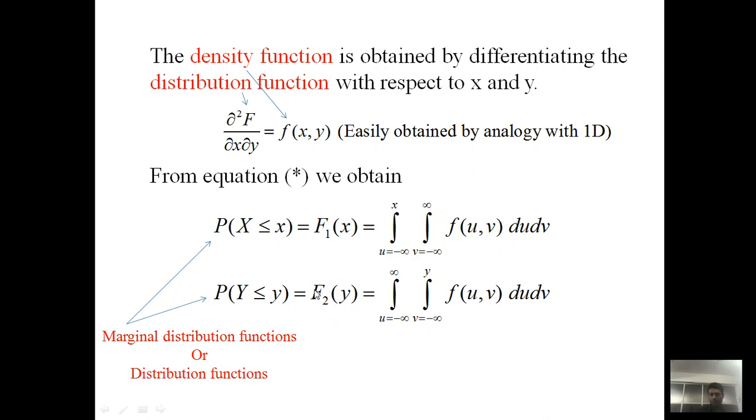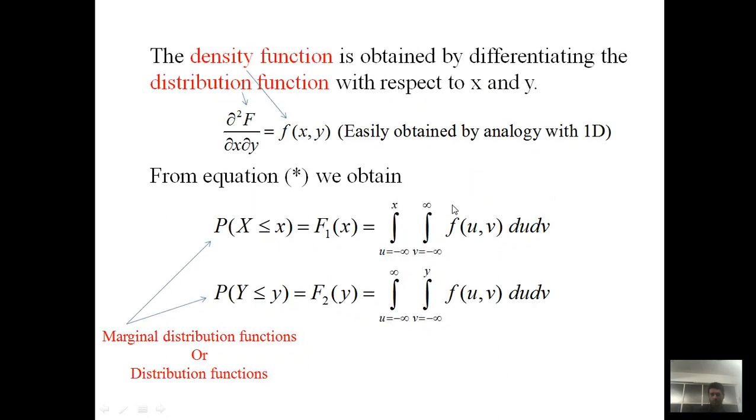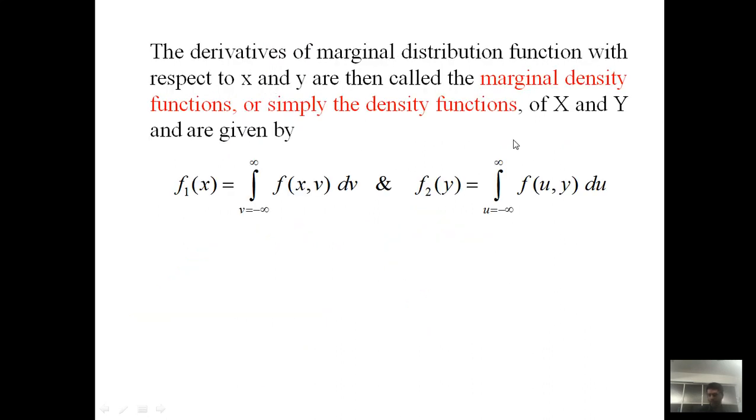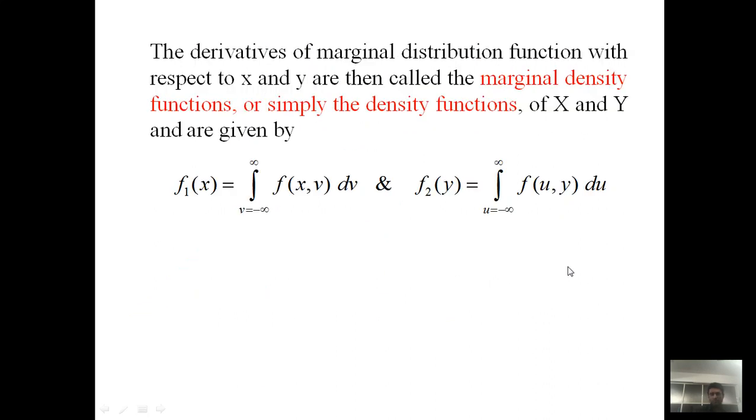When we differentiate F2 of y, it is simply written as small f2 of y. Differentiating with respect to y, this second integral vanishes. So the first integral is as it is, u from minus infinity to infinity of f of (u, y), because we are finding the derivative with respect to y, so v cancels out. And now we integrate with respect to u, so the corresponding dv cancels out, and just du remains. So these two equations are known as the marginal density functions.